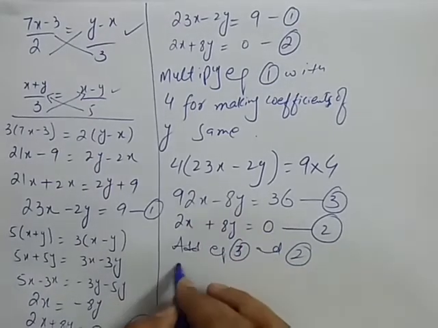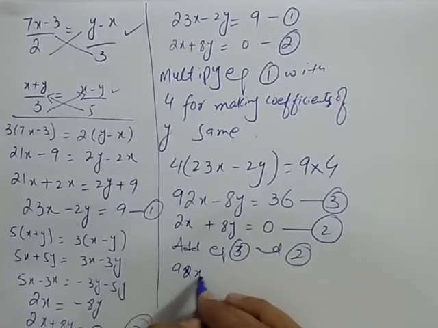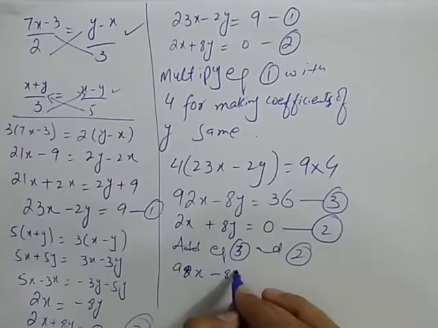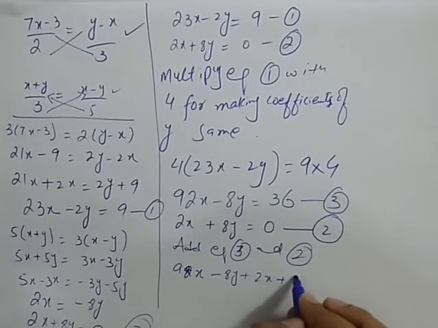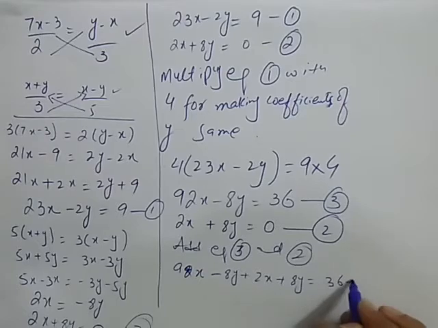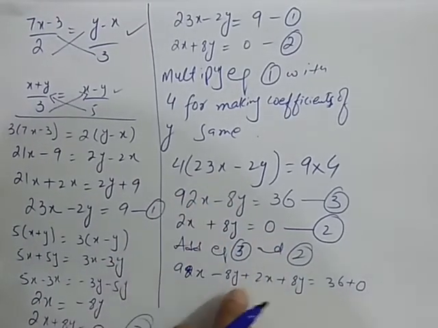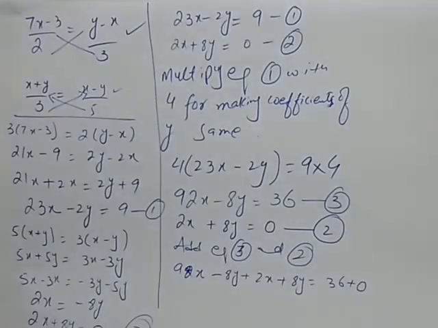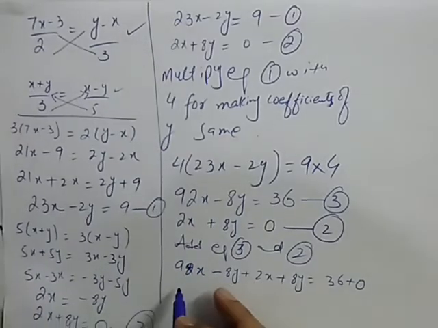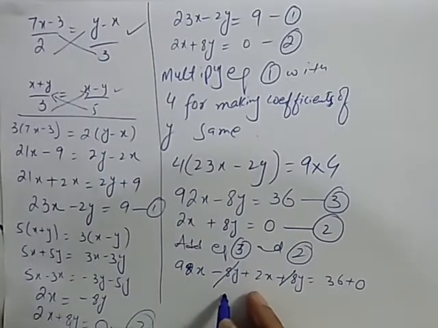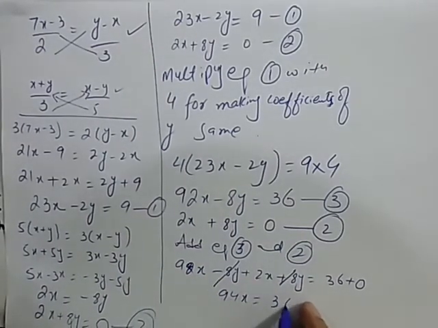Let me add them. 92x minus 8y plus 2x plus 8y is equal to 36 plus 0. I didn't put the bracket because this is a plus sign, so there will be no change. So this can be cut with this one. So 94x is equal to 36.